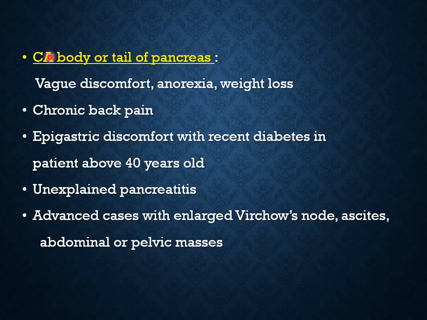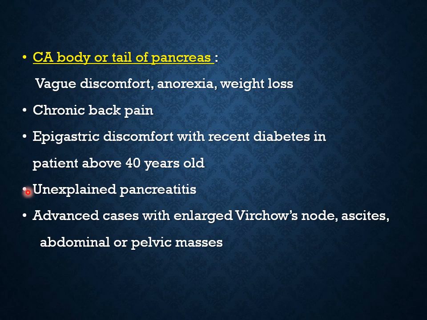Next, carcinoma located in the body or tail of the pancreas. These do not present very easily. They present with very vague symptoms: vague discomfort, anorexia, weight loss, chronic back pain, epigastric discomfort, with recent onset of diabetes mellitus in patients over 40 years of age.